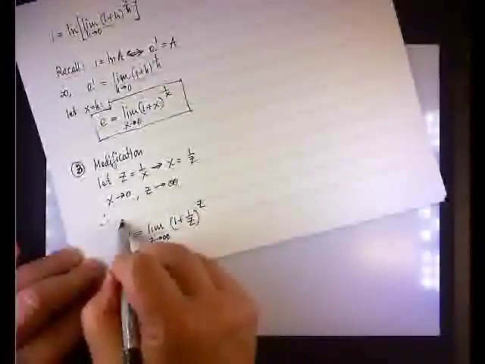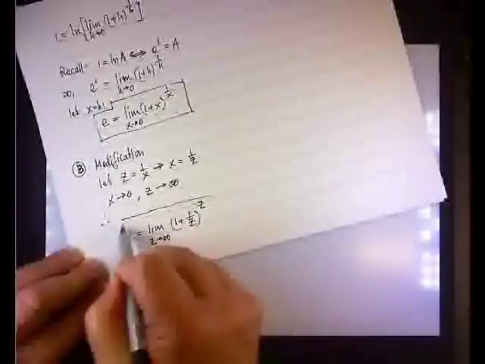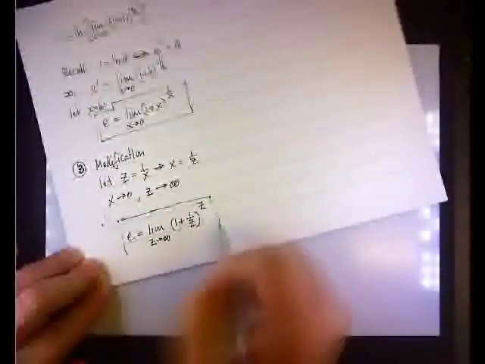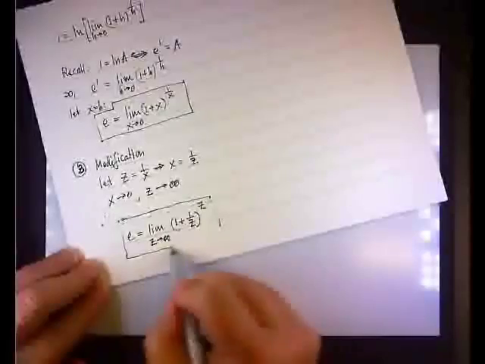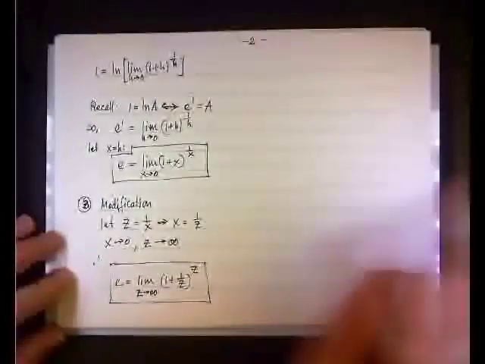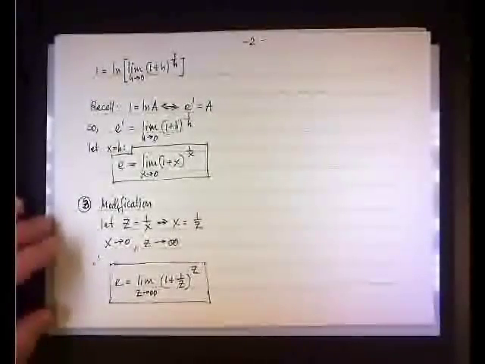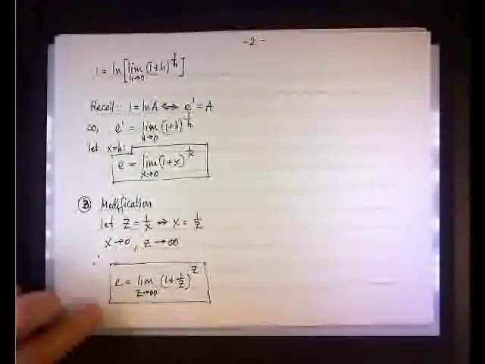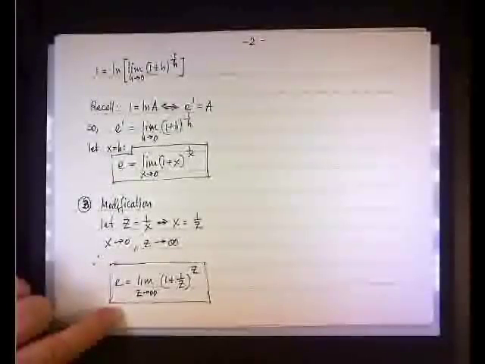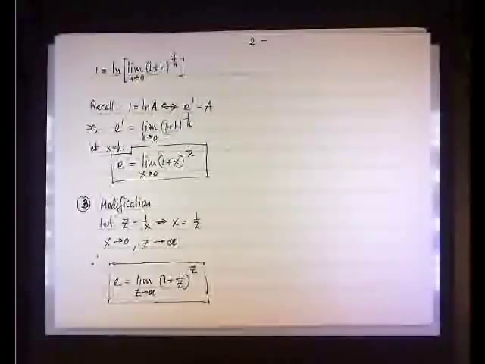And this is a little bit more known definition of the number e. The difference between definition 2 and definition 3 is, in definition 2, we let the variable of the limit go to 0. In definition 3, we let the variable of the limit go to infinity.